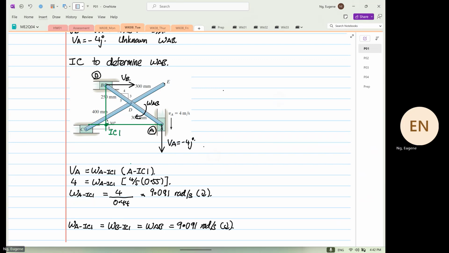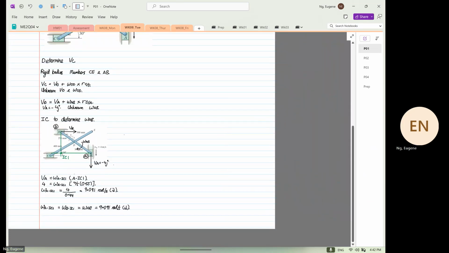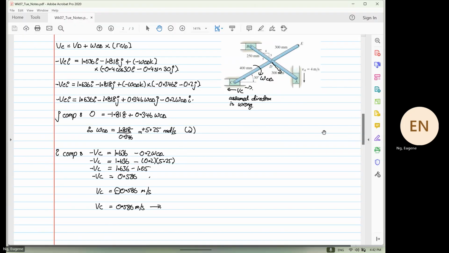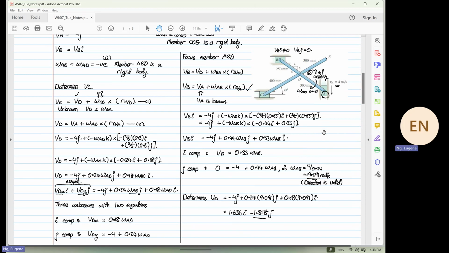Okay. So if you were to look at the working, we have worked less than a quarter page. Yes or no? If we look at the previous technique, can you see the level of math to get 9.091?